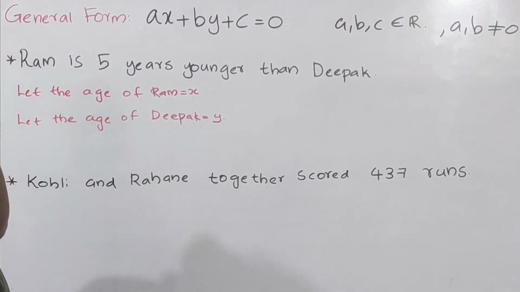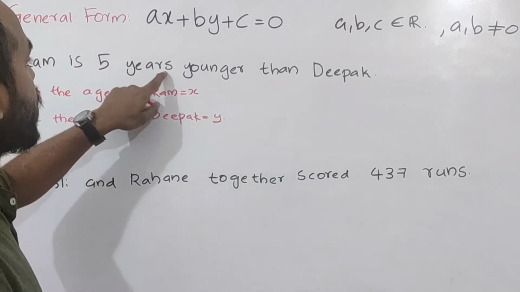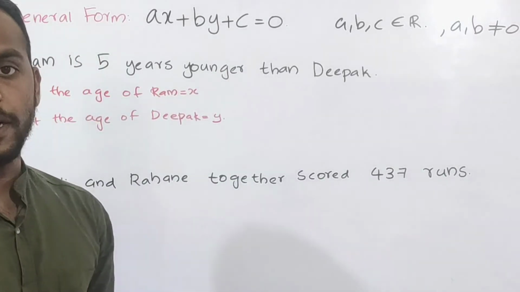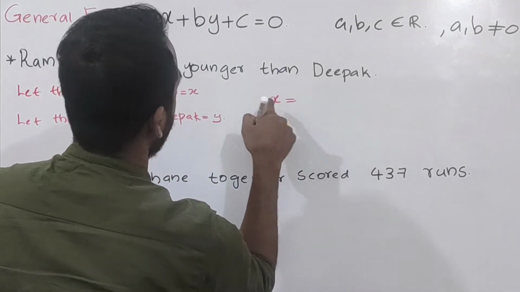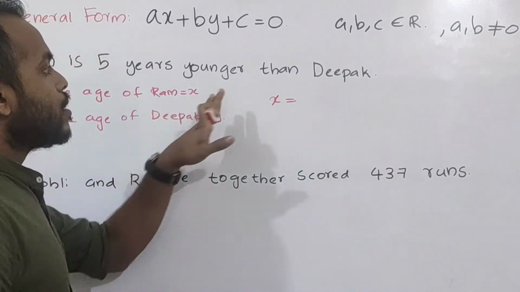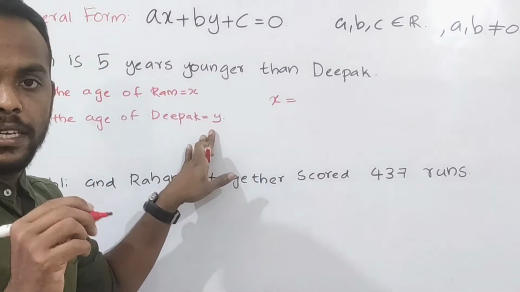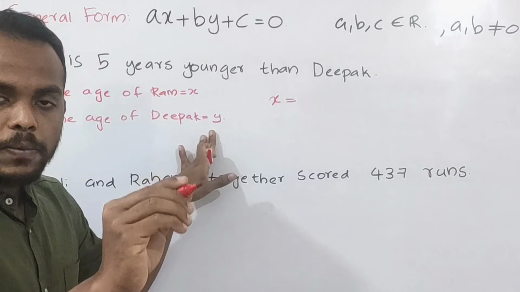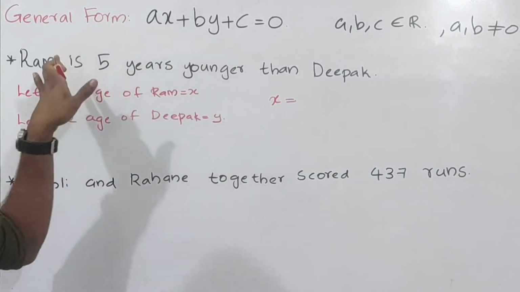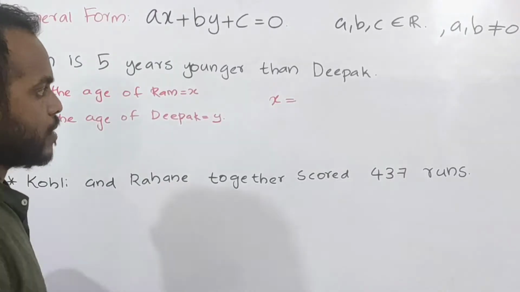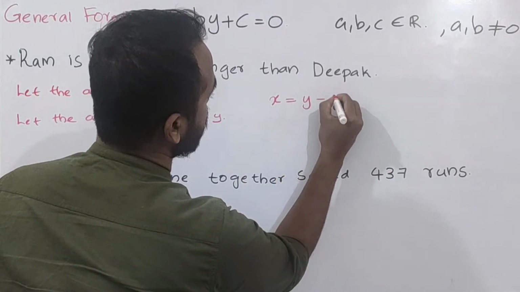Now let's read the statement once again. Ram is 5 years younger than Deepak. So we'll write the age of Ram, x, is the age of Deepak, y, minus 5, because the first person is 5 years younger. So we'll write y minus 5.